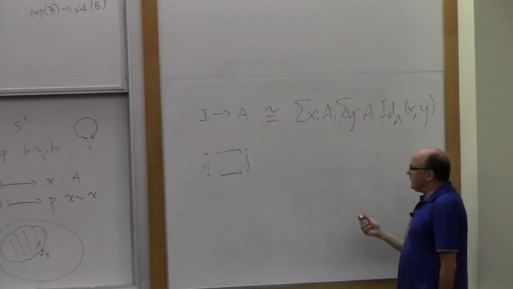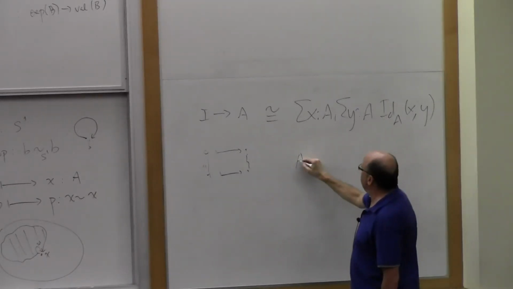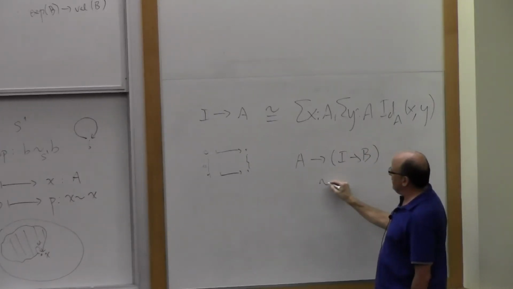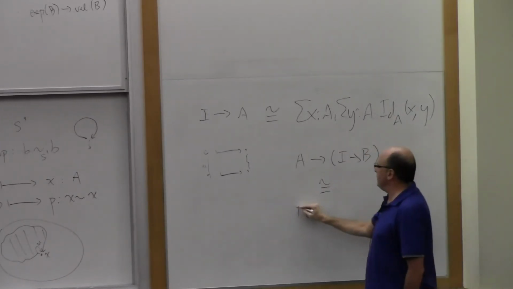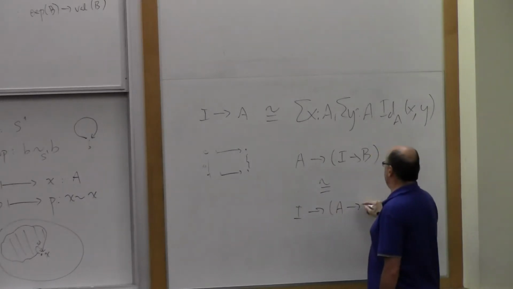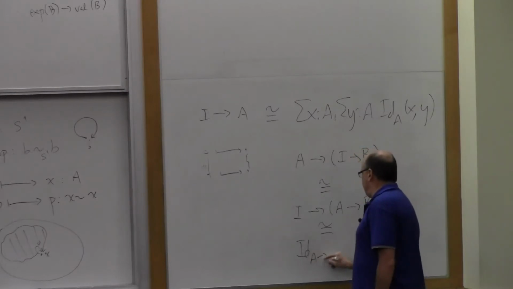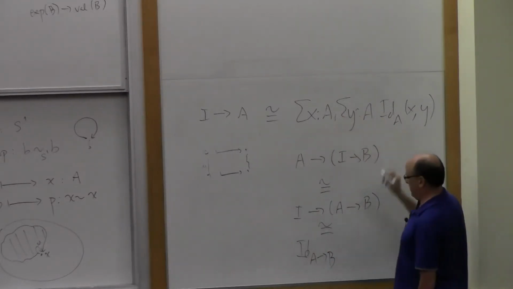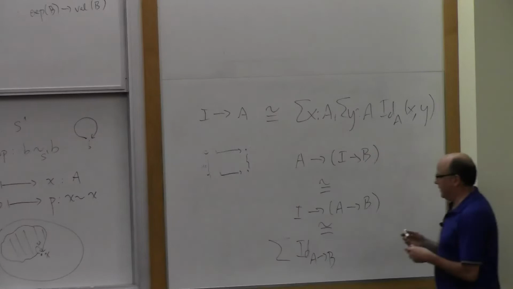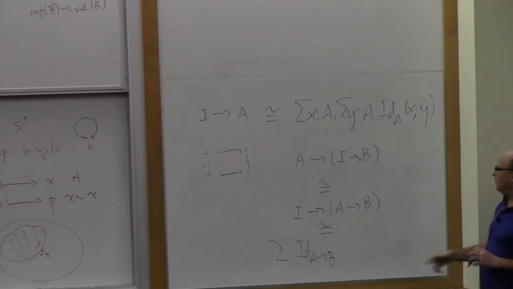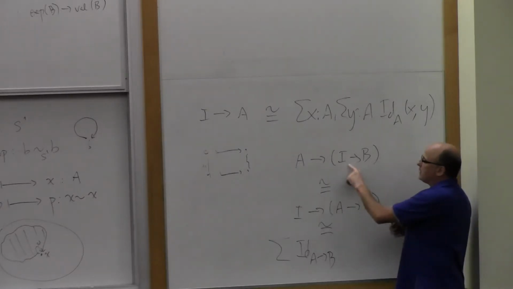And then the idea is, if I have a map from A to I to B, that can be, by currying and uncurrying, turned into I arrow A arrow B, which is isomorphic to the paths in A arrow B, this big sum. I'll just write it like that, the path space. So the argument works critically like that.